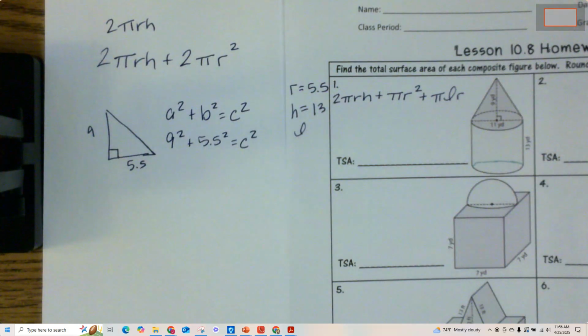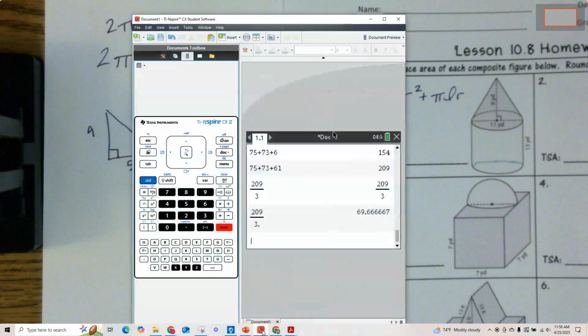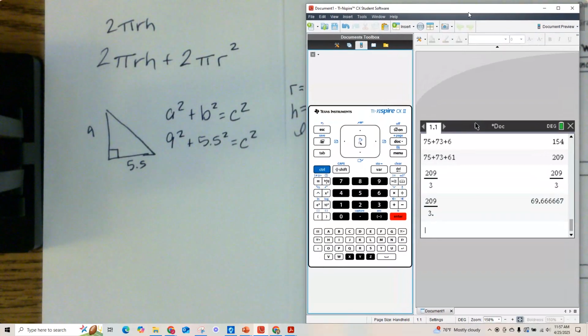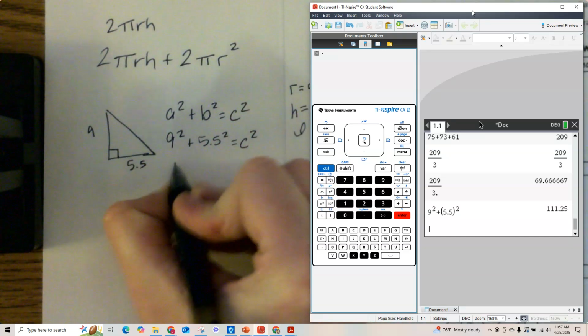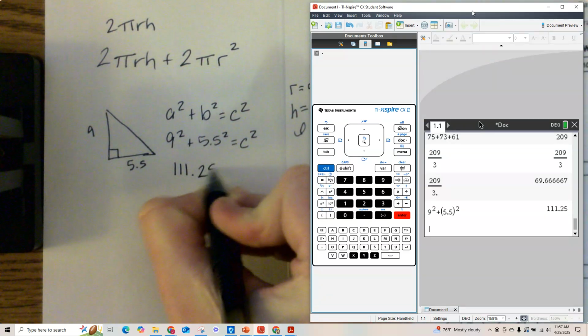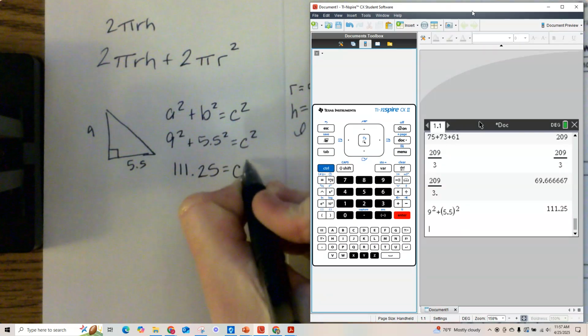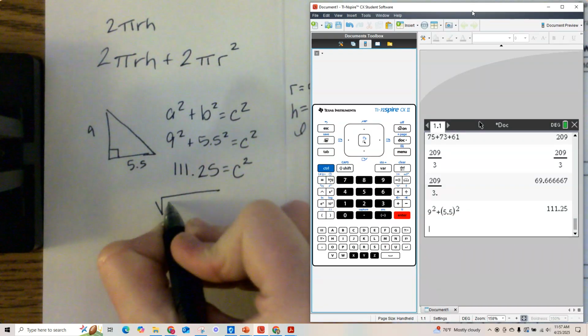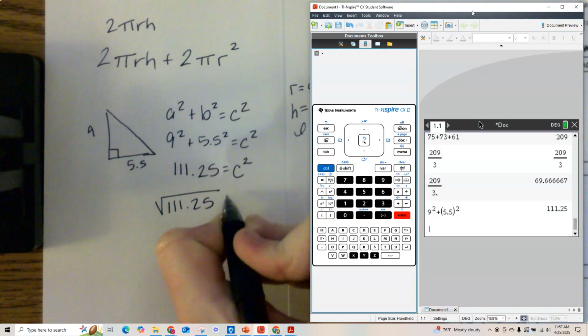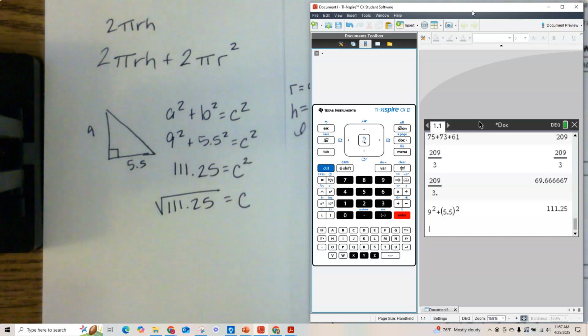And then simplify it down, do just the numbers. So 9 squared plus 5.5 squared is 111.25 equals c squared, which means we got to square root it. That's my slant height.